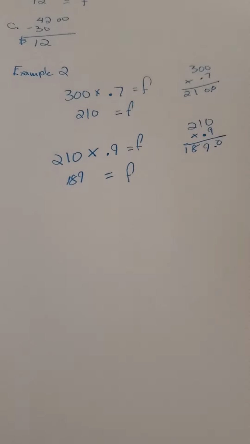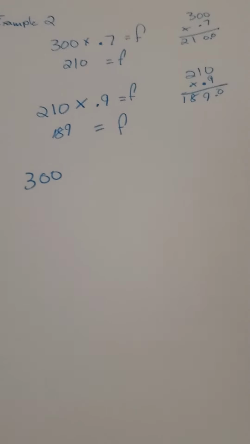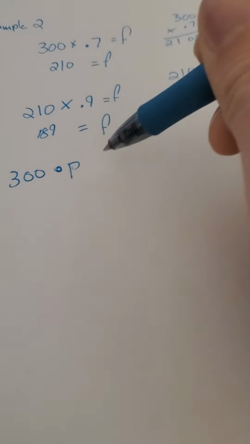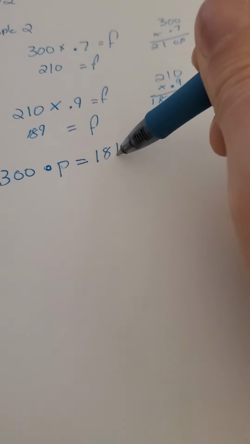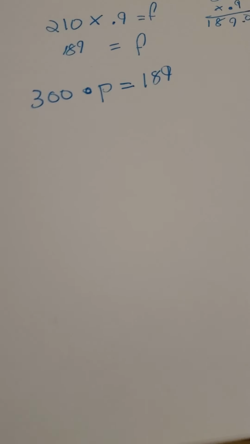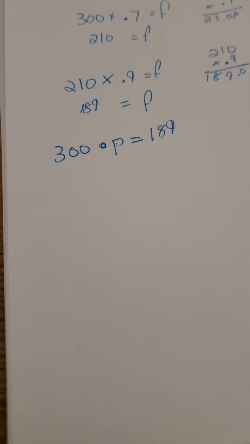So we have $300. That is our original price. And we want to know what percentage of this, so times what percentage, is going to equal our $189. Okay? So from here, algebra is pretty obvious. Go ahead and work that out and continue the video when you are ready.